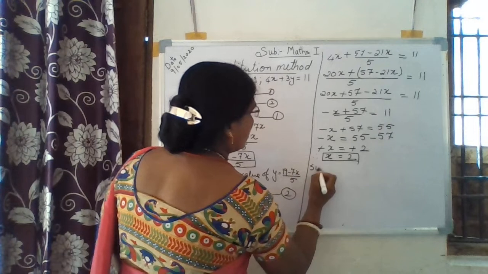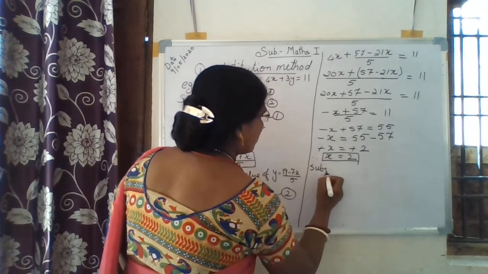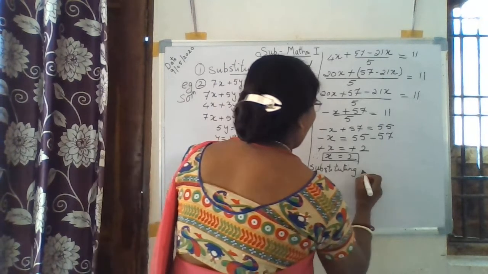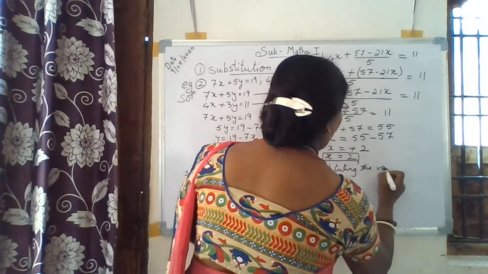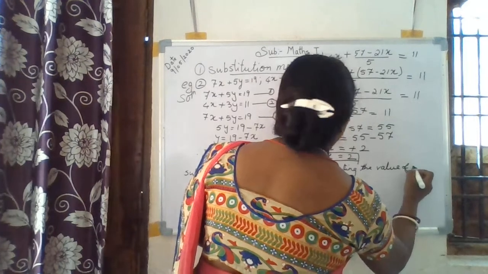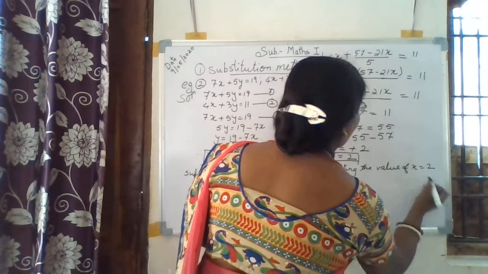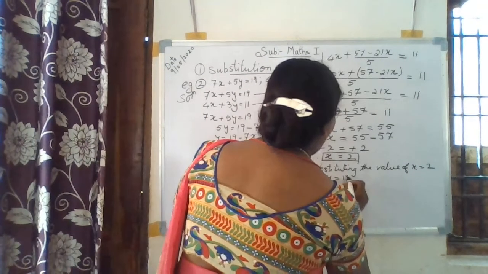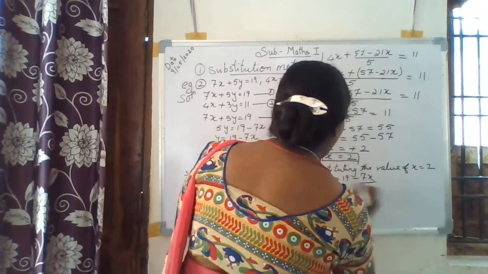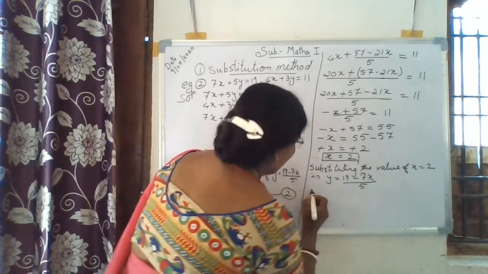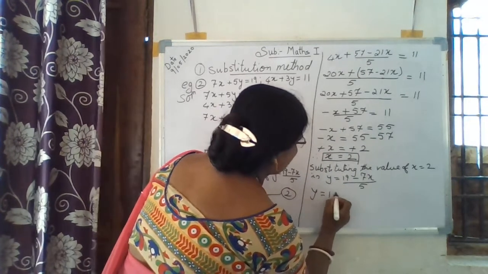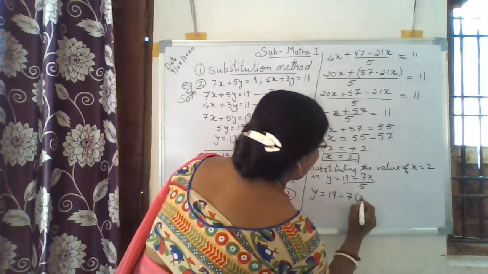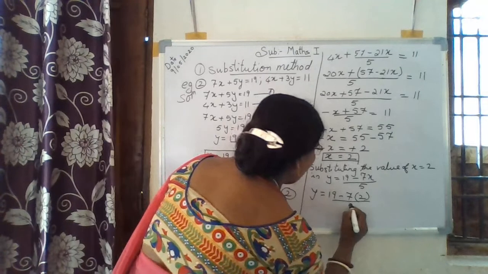So substituting x is equal to 2 in y equal to 19 minus 7x upon 5. So y value is equal to 19 minus 7 into x value, 2, upon 5.